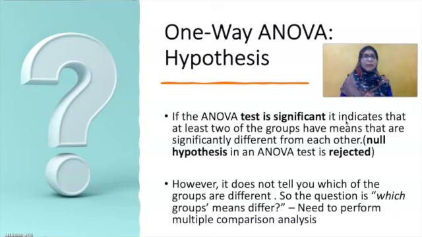This means that at least 2 of the 3 levels or groups in your independent variable are significantly different in terms of their means from each other, and the null hypothesis is rejected. To further analyze which groups are different, you need to perform a post hoc test or multiple comparison analysis.